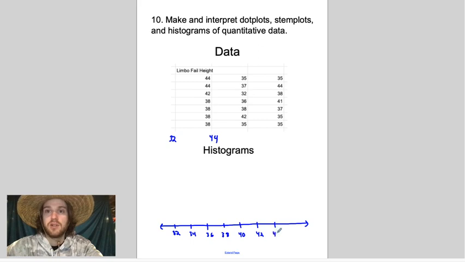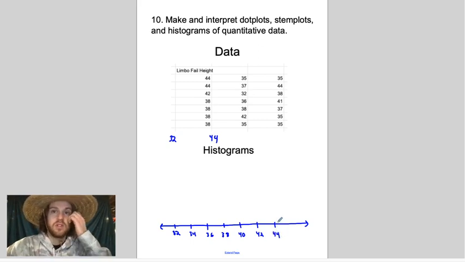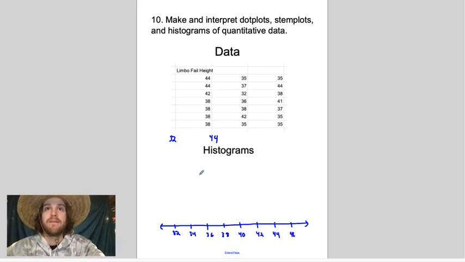I guess this is actually 7 buckets, and we'll see why in just a second. 46. That's fine. Take a look at the distribution.